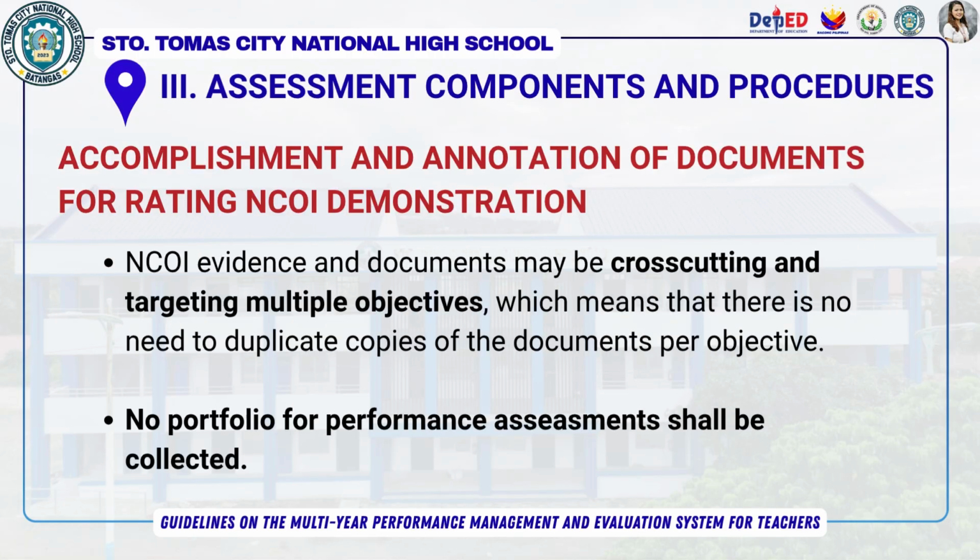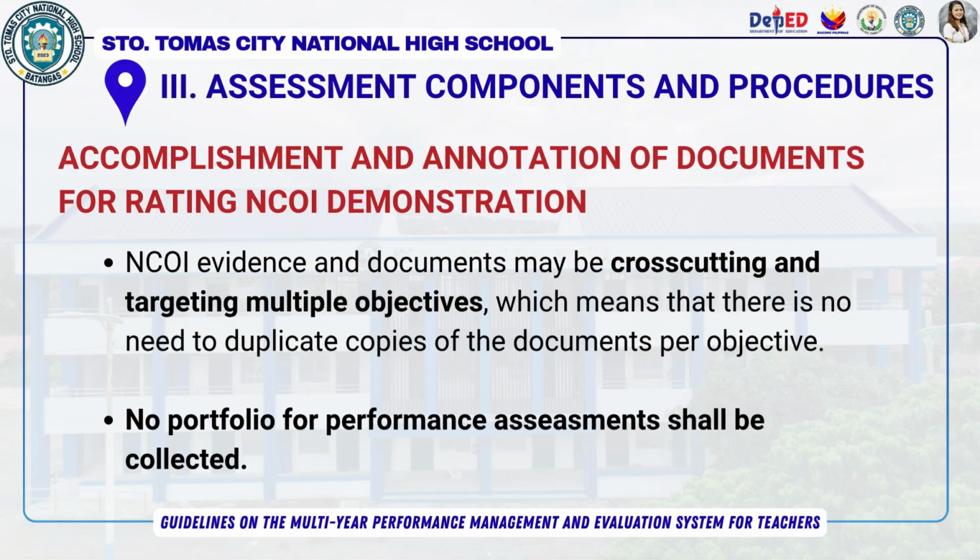Our next component involves the NCOIs, those objectives related to professional development, community involvement, and other non-instructional responsibilities. The evidence for this is your means of verification. We have two major shifts here. First, cross-cutting evidence. NCOI evidence can be cross-cutting and target multiple objectives.